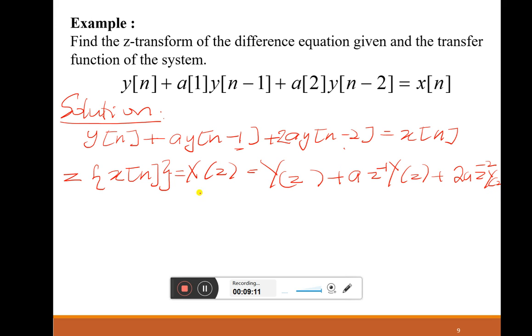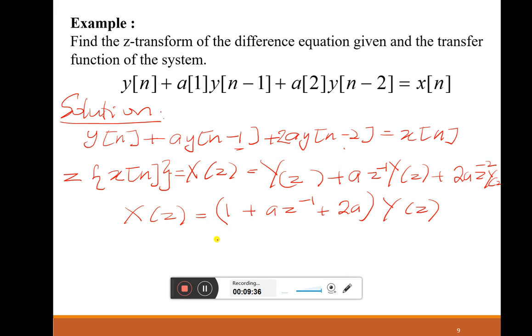Okay, and then if we rearrange this equation, so we have X(z) equals 1 plus a z to the power of -1 plus 2a z to the power of -2, and kita letak Y(z).